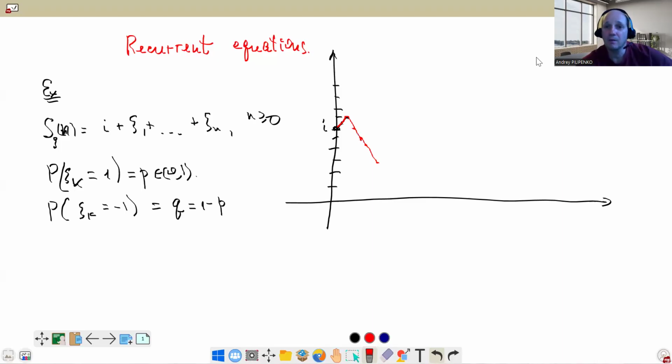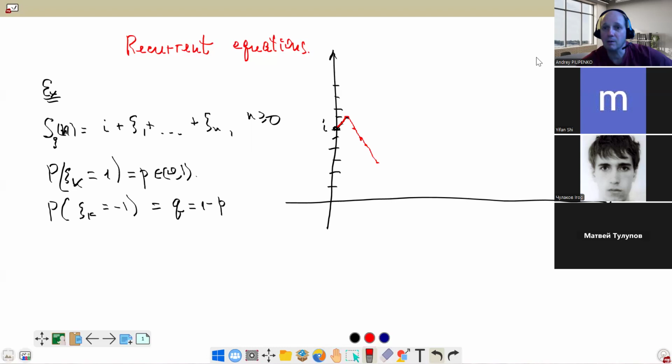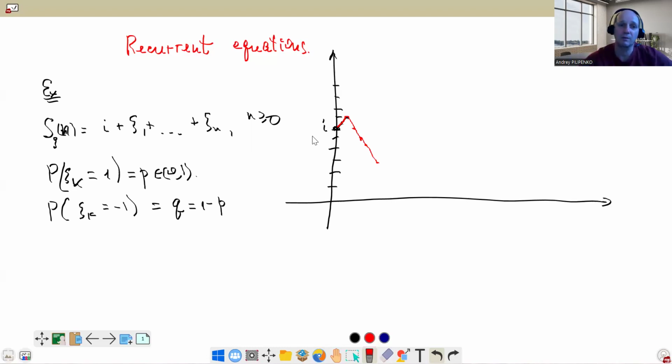And if you have tails, then the first person gives one dollar to the second, or vice versa. And S_n is the amount of money that the first person has, and assume that the second person has m minus I dollars. And they play until at least one of them is bankrupt.